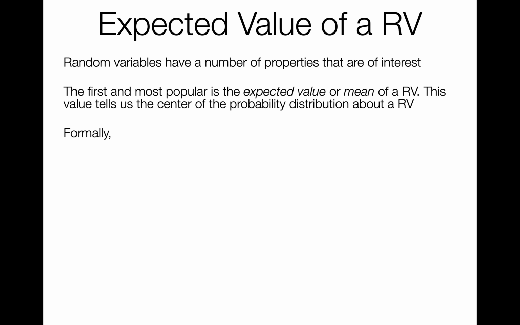But anyway, the expected value or mean of a random variable tells us where the center of the probability distribution is. So the probability distribution about that random variable, this tells us where the center is. Again, on something like gambling, hopefully the center of that distribution would be negative. If it's positive, then that person's going to lose money by putting on the game. If it's negative, you're expected to lose.